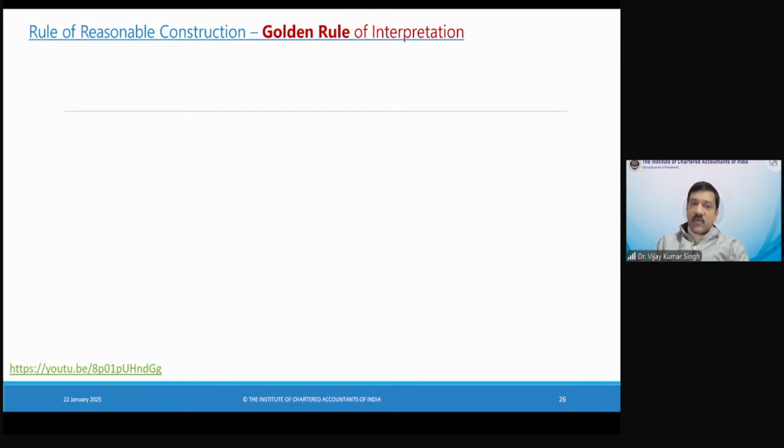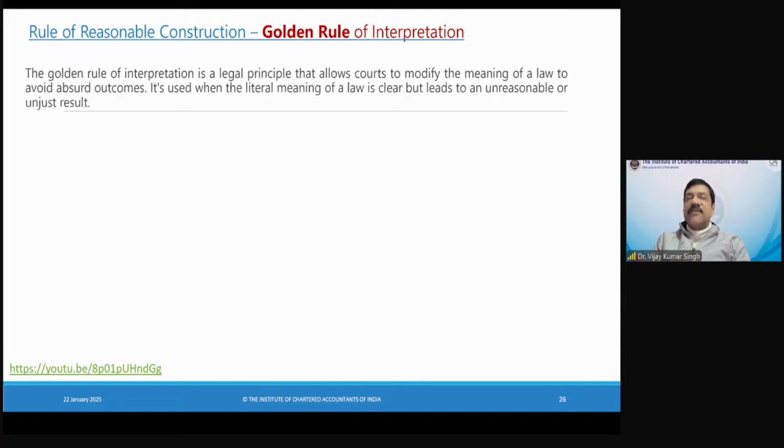This is why it is called the golden rule of interpretation, because it is trying to solve the problem. So it is not literal interpretation. Here, many a time a situation arises where literal interpretation will lead to confusion. Then there is a requirement of bringing in this rule of reasonable construction.